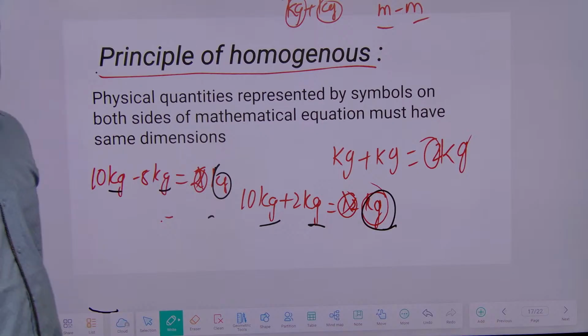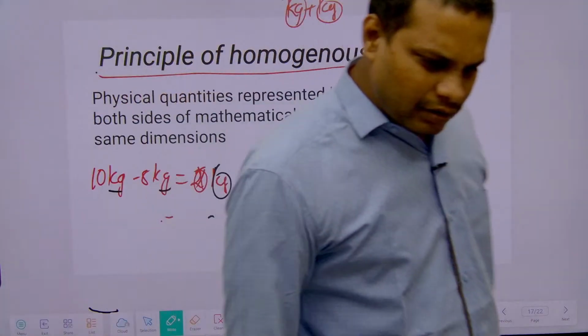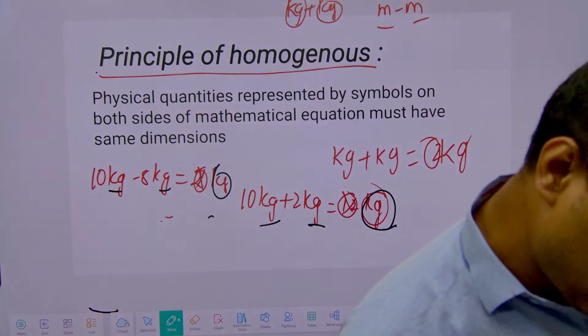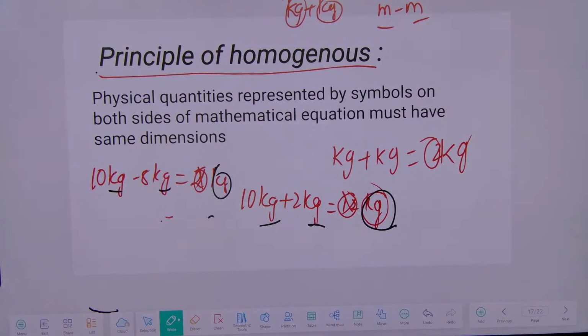So what I told, addition or subtraction must be done with the physical quantities having same unit or dimensional formula.